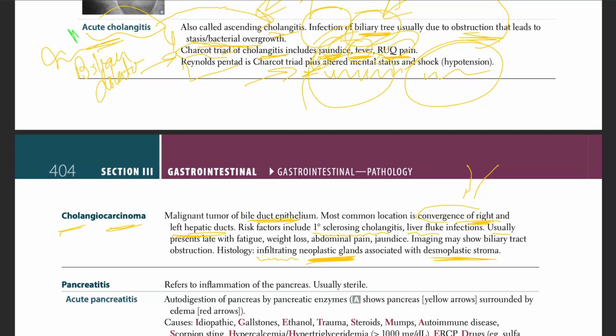So the mass of glands present at the convergence of intra and extrahepatic ducts. That is cholangiocarcinoma. Okay, that's pretty much all we have for cholangiocarcinoma.